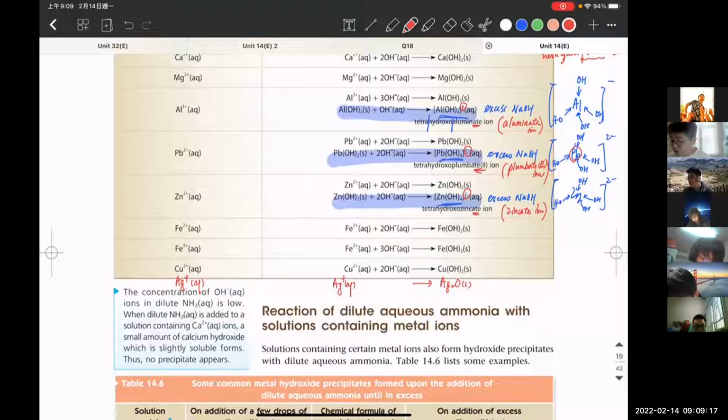I said before, no silver hydroxide in reality. Can you find it? Have you found it?